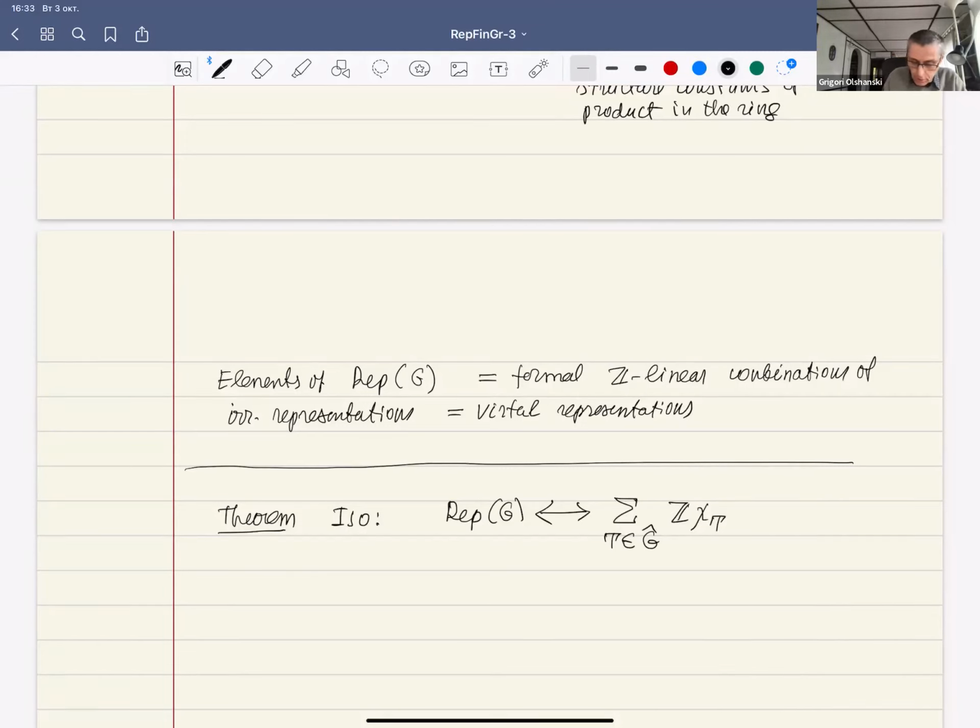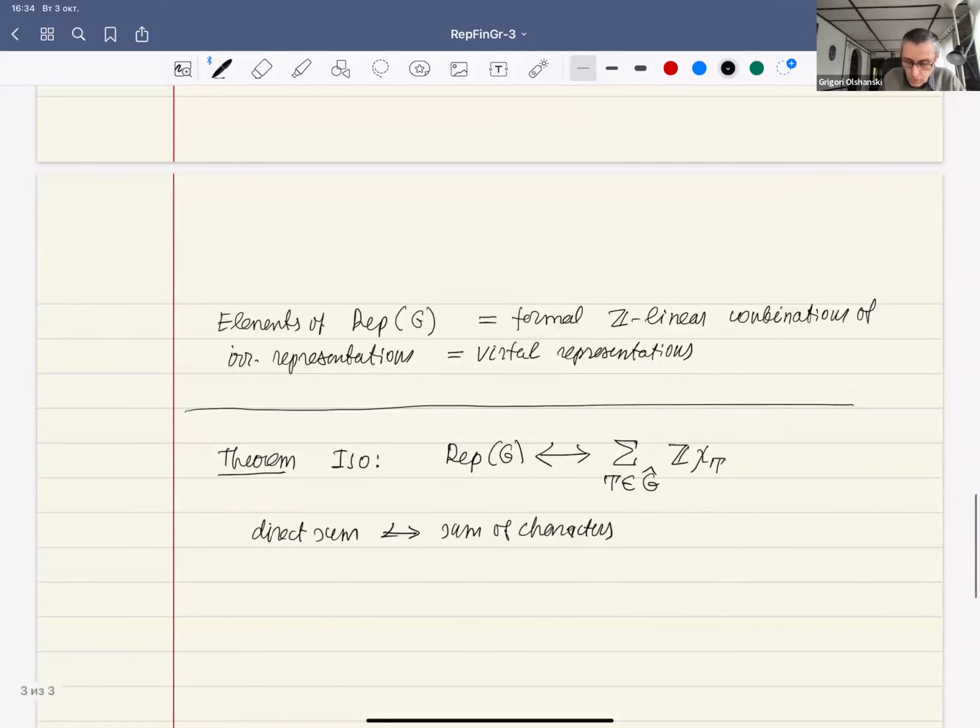Why? Because direct sum corresponds to the sum of characters. And we know that a character determines the corresponding representation uniquely up to equivalence. And we also know that the irreducible characters are linearly independent.